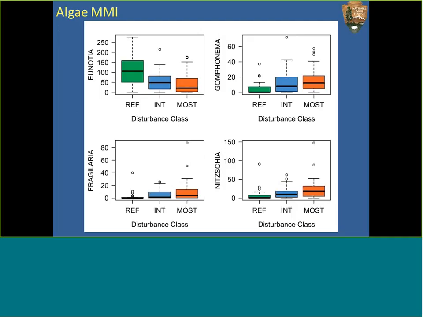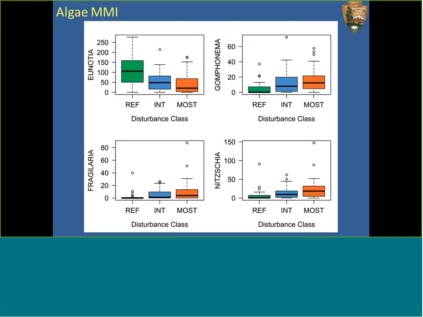And I mentioned that algae was pretty tricky to build, and I have the least confidence in this MMI than the others. There were a number of algae genera, often ones reported in literature, that separated reference and most disturbed sites really well, but many of those strong contenders also had a really strong east-west gradient in their abundance.